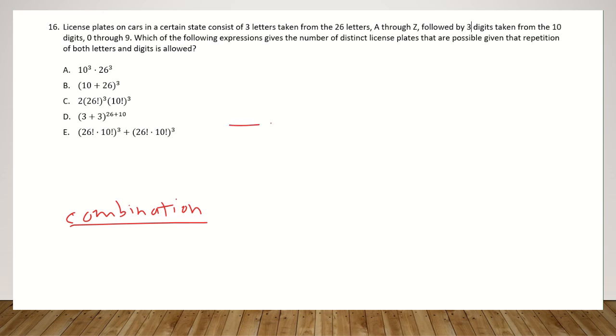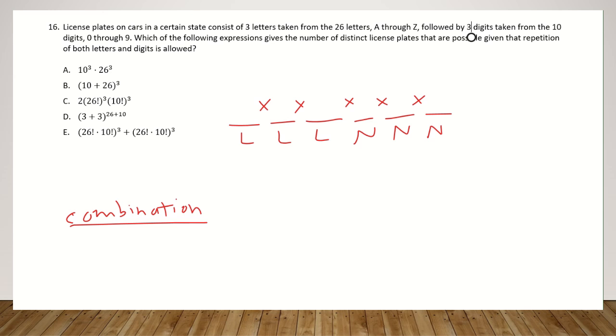So in this case, we have 3 letters that we're choosing, and then 3 numbers that we're choosing. Ooh. So the fundamental counting principle says that all you do is take the number of ways that each of these can occur and multiply those together. And that's how many combinations are possible.